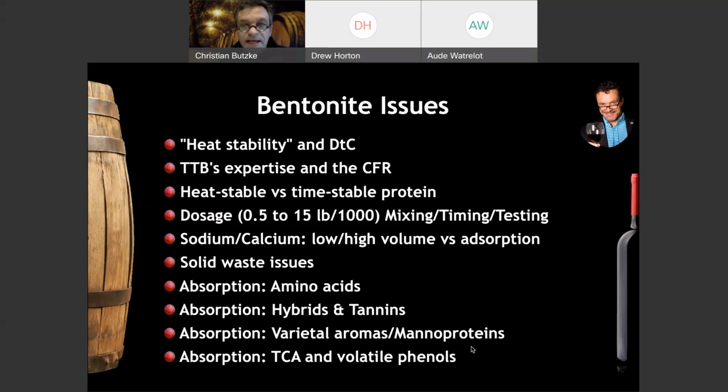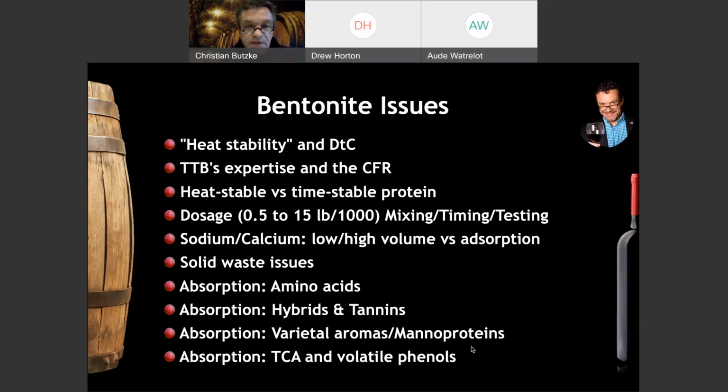Those tests are not really preventing proteins from precipitating that are not sensitive to heat but rather precipitate over time. But bentonite takes it all out, so in that case it works. It will make the wine stable, but it might take out things that contribute to mouthfeel and to the varietal aroma of your wine, and that's obviously a bad thing.